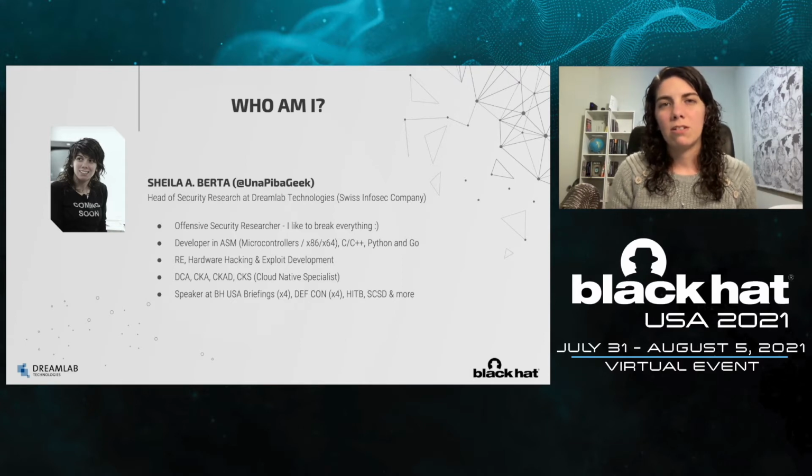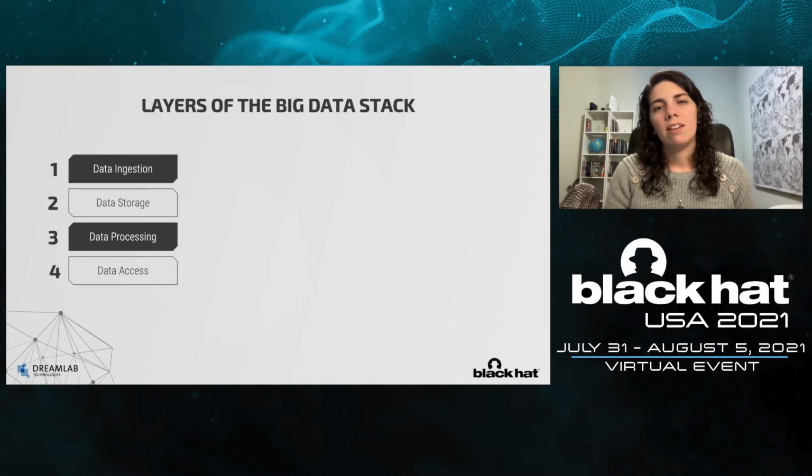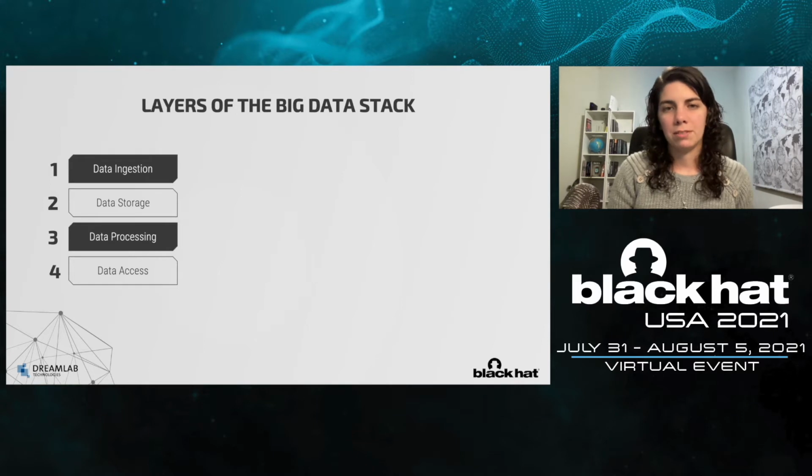Okay, so let's go to the important things. There are some key concepts that I would like to explain before jumping into the security part. Probably the first thing that comes to mind when talking about big data is the challenge of storing large volumes of information and the technology that will take care of it.